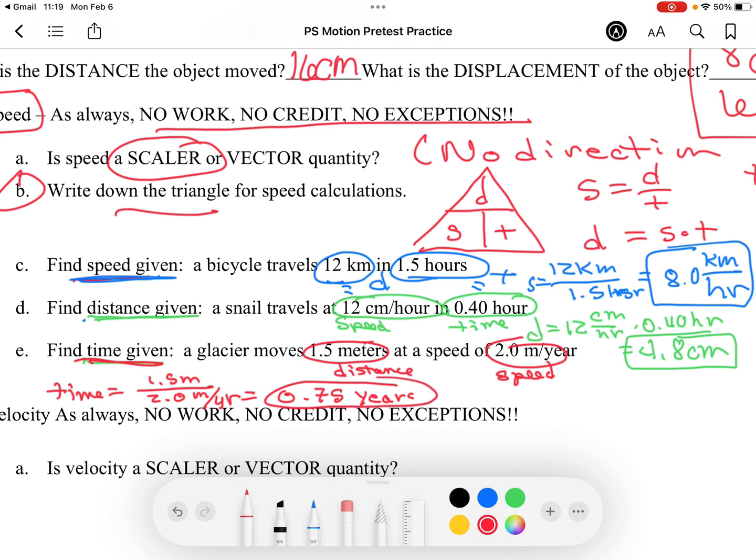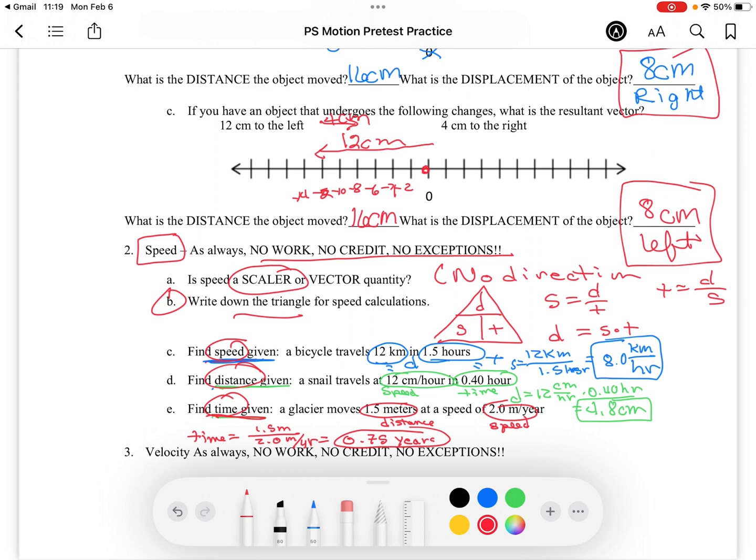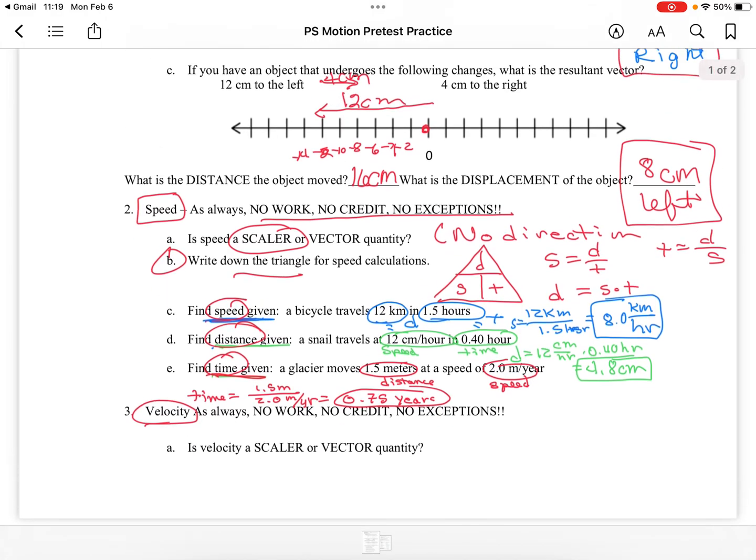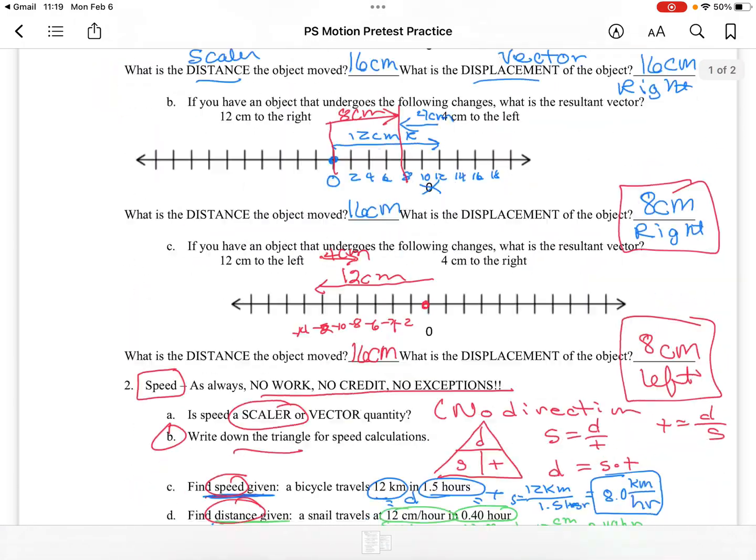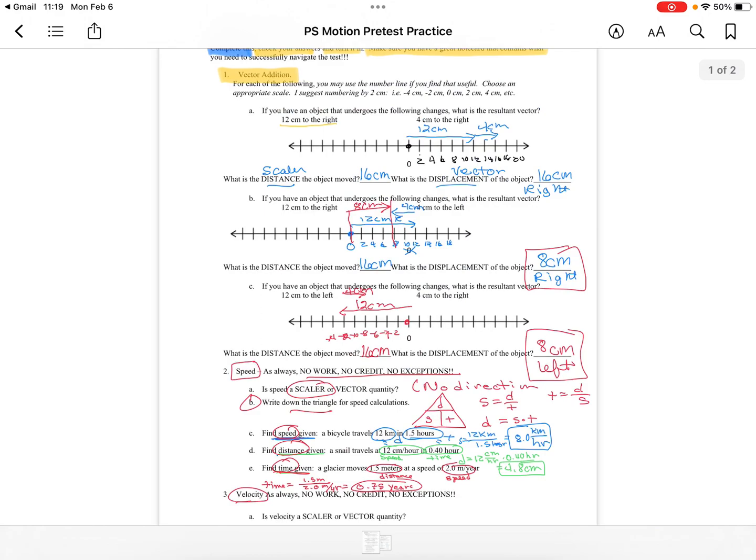Our units will be year. I've got 1.5 divided by 2, 0.75 year. So there I've solved one problem for each: for speed, find distance, and find time.